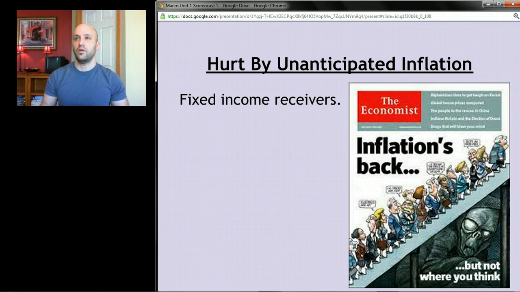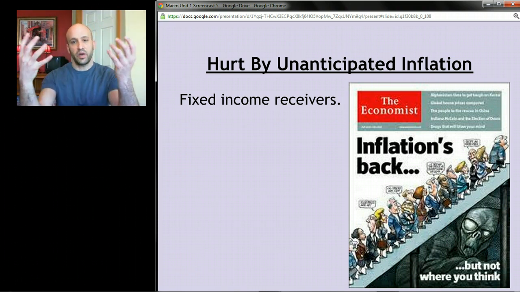Let's say that you have retired and you get $200 a month from your pension, and that $200 never changes. Or let's say that you were divorced and you get $300 a month in alimony, or maybe $500 a month in child support, and that number never changes. If the amount of income you receive is fixed and inflation happens, you're kind of screwed, because those dollars aren't worth as much since prices are rising.